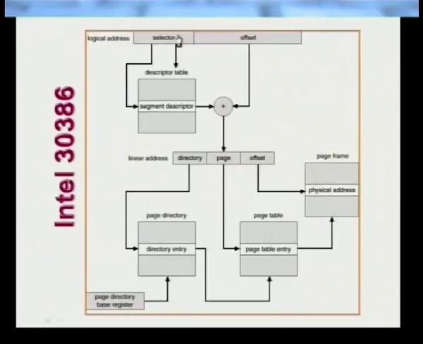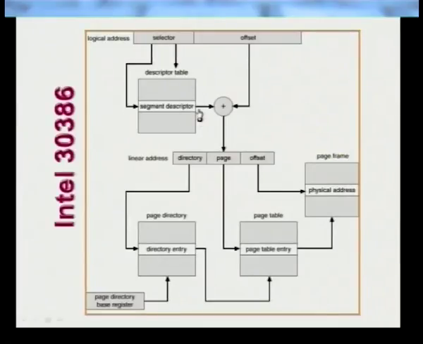We call the combination of P and S a selector. The selector loads the descriptor table, and in the descriptor table the entry of the selector is identified. The entry gives you the segment descriptor. Remember, there would be many segment descriptors available in the descriptor table.